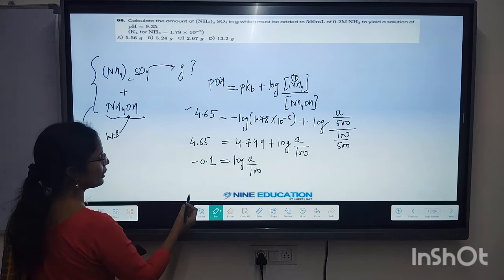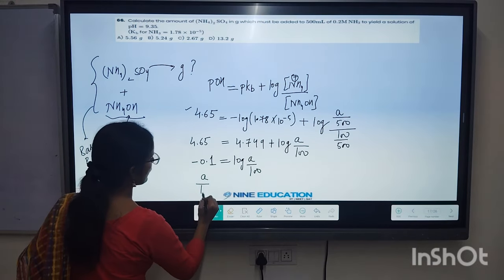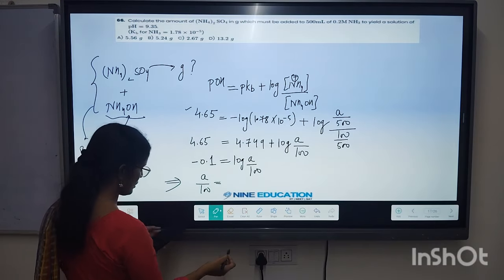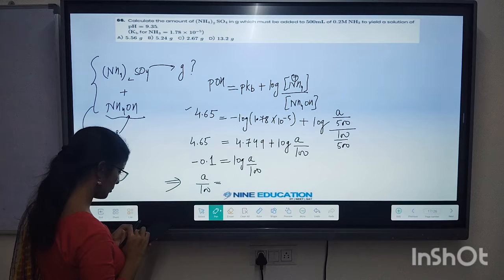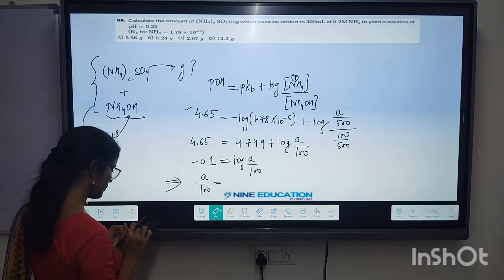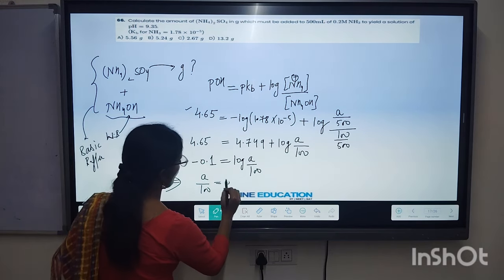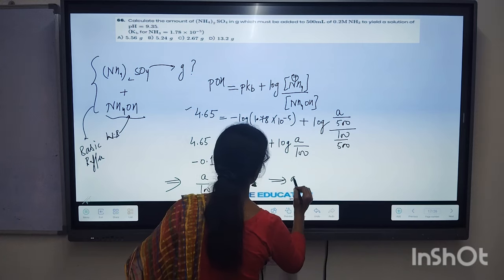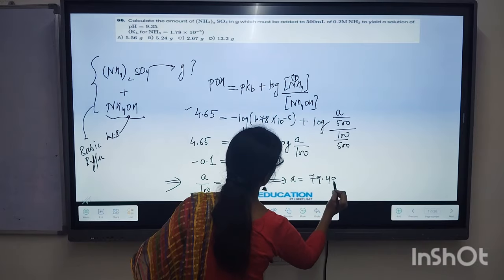And when I solve it further, I will be getting A by 100 equals 10 raised to power minus 0.1. It is coming around 0.7943, so A will be simply 79.43.